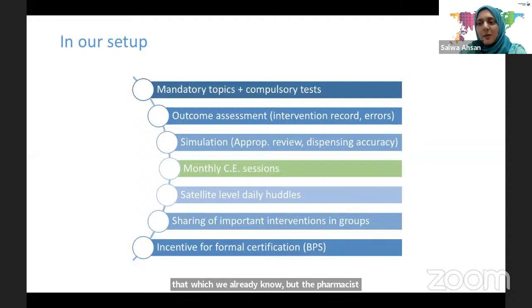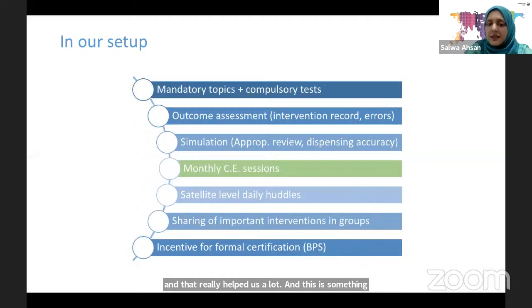He or she has to identify most of these errors. These real-time simulations help them identify what weaknesses they have during prescription review or during the filling or checking of medications, and that really helped us a lot. We'll be repeating this every 6 months.